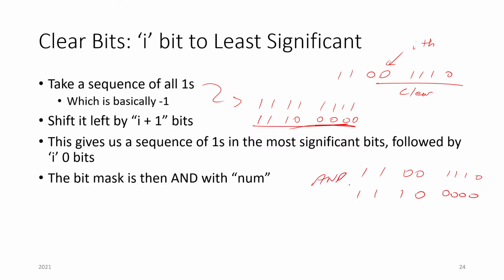And if we AND this, 0, 0, 0, 0, 0, 0, 0, 0, 1 and 1 here is 1, 1 and 1. So we can see here that these 5 bits, from the ith bit down to the least significant bit, have been cleared, and this part here remains the same.